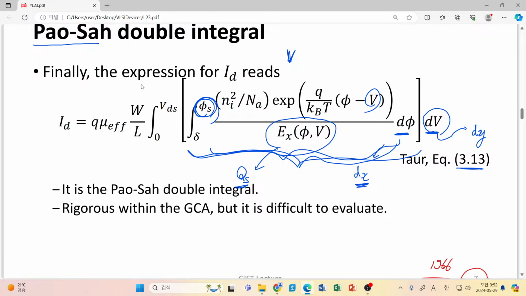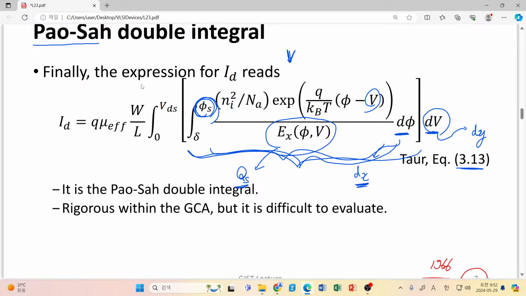But fortunately, the beauty of this expression is that it does not introduce any further approximation beyond the gradual channel approximation. Yes, the gradual channel approximation itself is already an approximation. So adding more approximation is always harmful for accurate calculation.